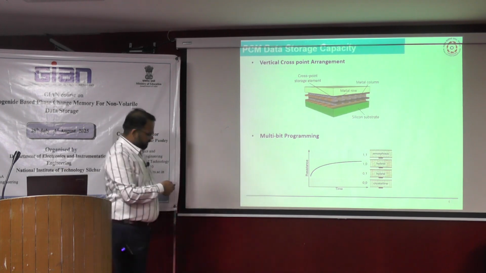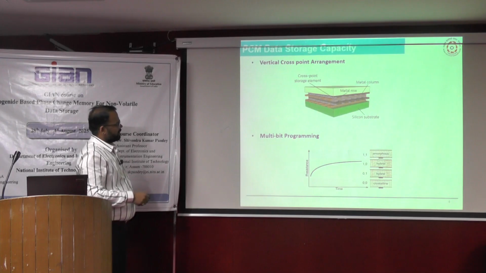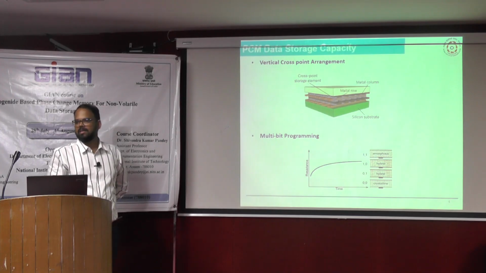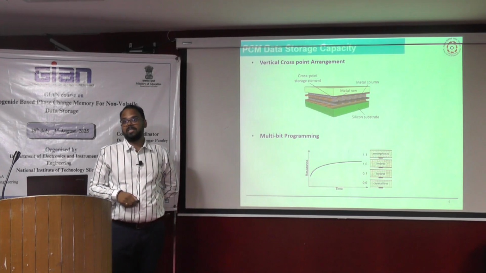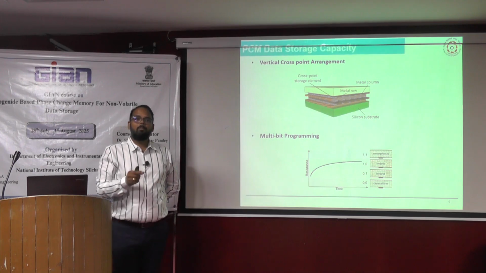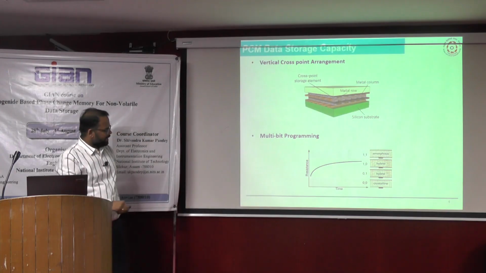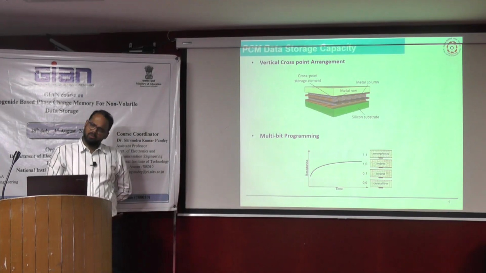In another case, if we talk about multi-bit programming, here in between the crystalline and amorphous states you can identify a partial state, which is called a hybrid state. Hybrid state is what? Partially amorphous or partially crystalline. So in that way it could be identified. How can you do that?